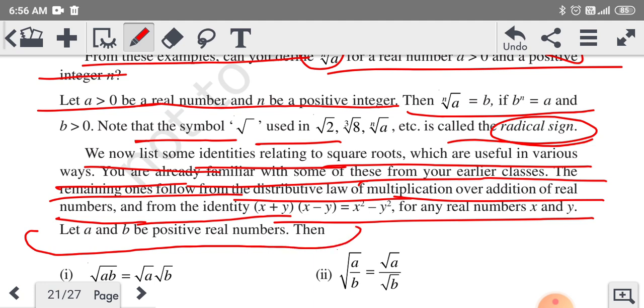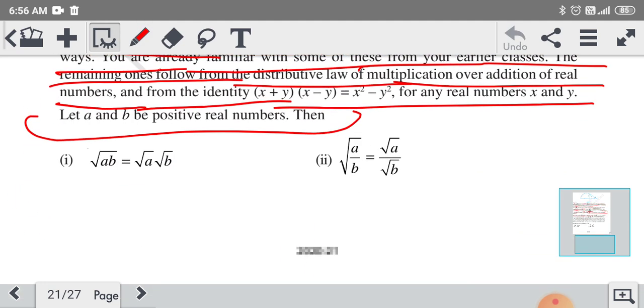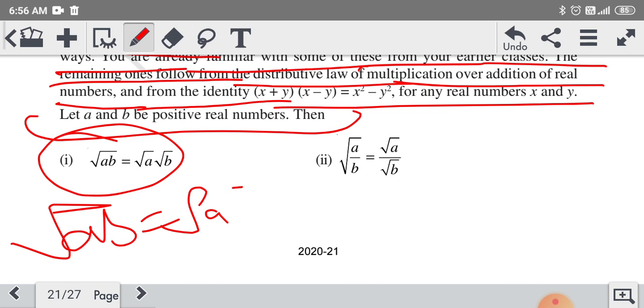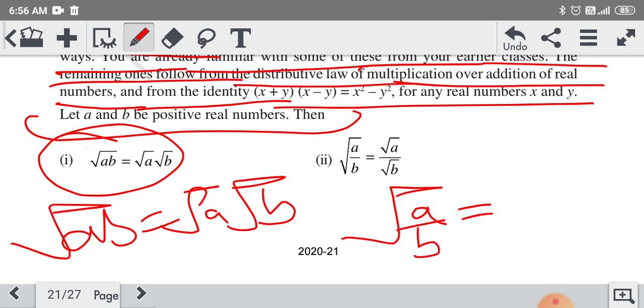Let a and b be two positive real numbers. Then first, under root of ab is equal to under root of a times under root of b, and under root of a upon b is equal to under root of a upon under root of b.